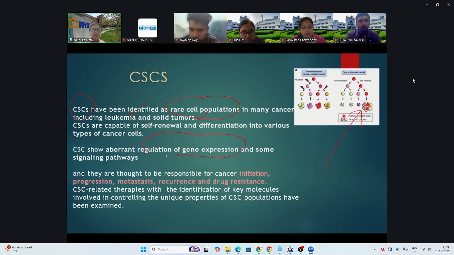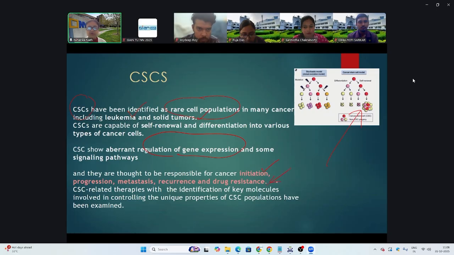We have to understand, as a molecular biologist, that they have different gene expression, different signaling pathways, and therefore in this situation I would have to see if there's any certain gene expression and do targeted therapy accordingly. So the bottom line is that these cancer stem cells can not only initiate, but they can help in metastasis, recurrence, and drug resistance.